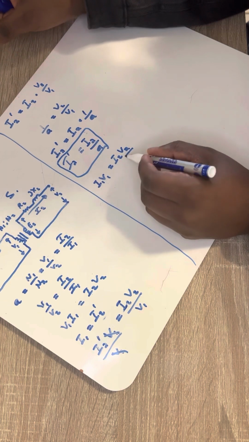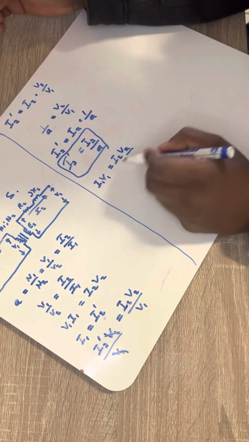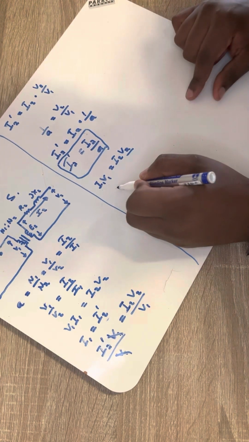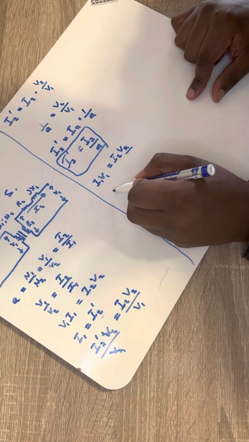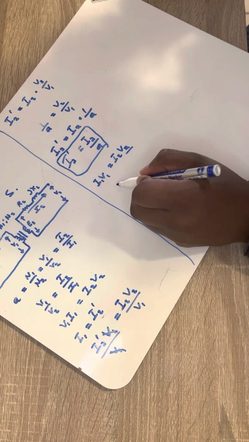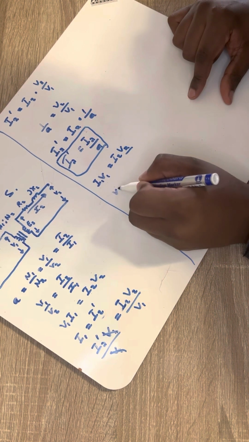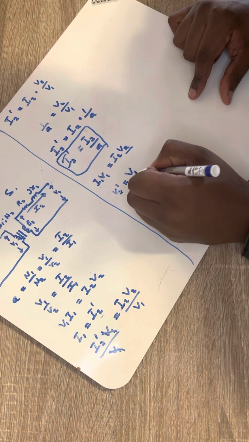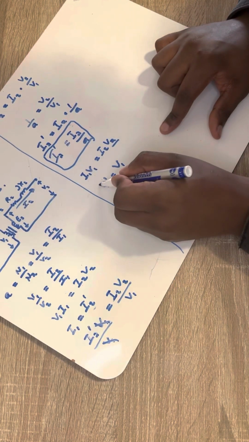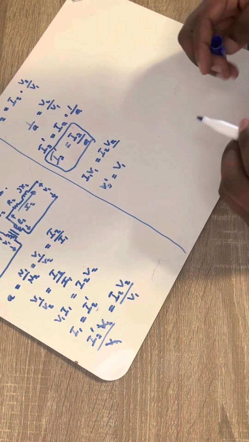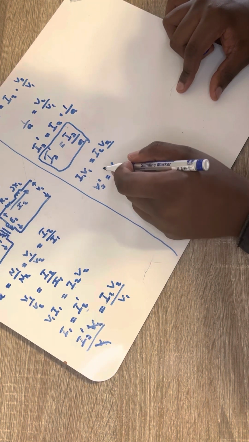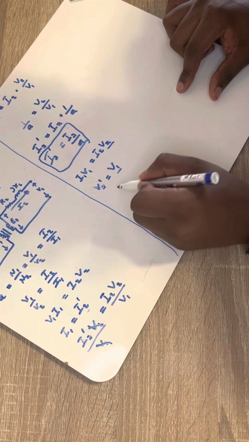If we have this V2, V1, we want to refer V2. So V2 prime on the primary side will be equal to V1, right?